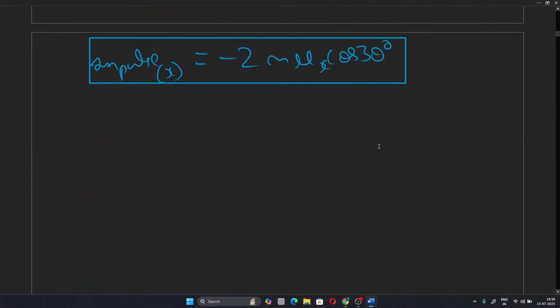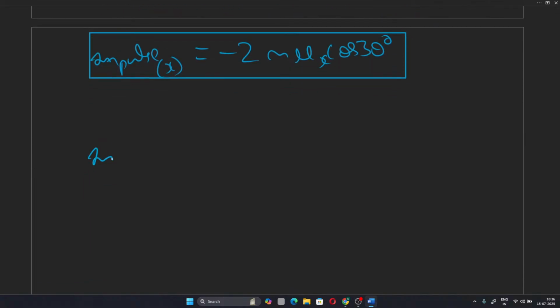And in the y direction, if you want to calculate impulse in the y direction, it equals change in momentum, which is P final minus P initial.